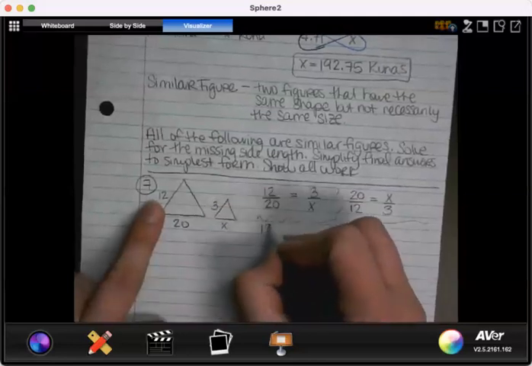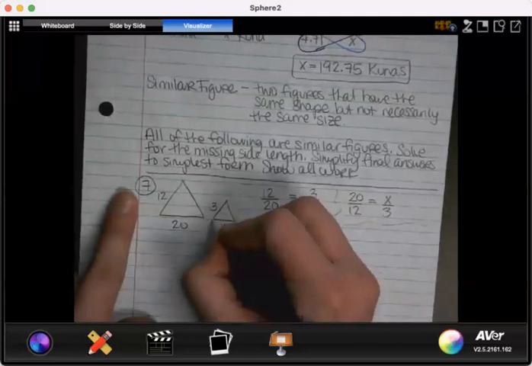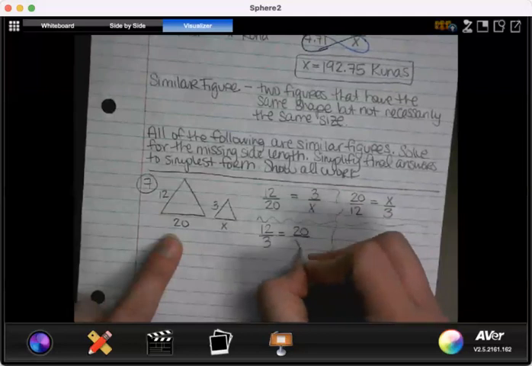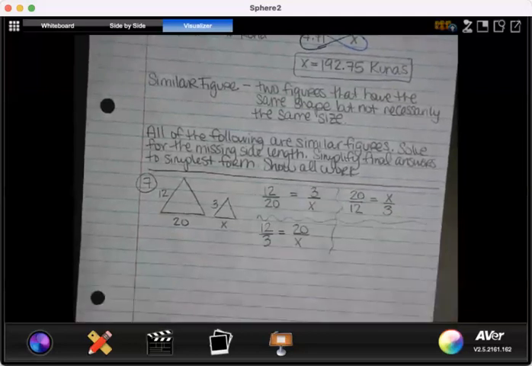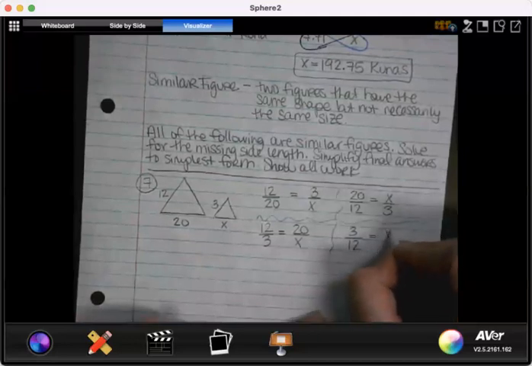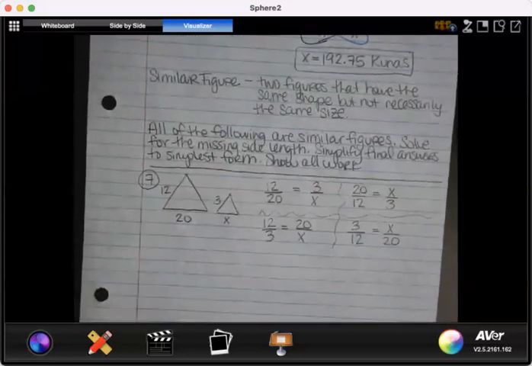So I could have 12 divided by 3, the big side divided by the little side, equals the big base divided by the little base. And similarly, I could have the little side divided by the big side equals the little base divided by the big base. All of these are options. You only have to set up one, but there are so many different ways you can set it up. You just need to pick one and work with it.